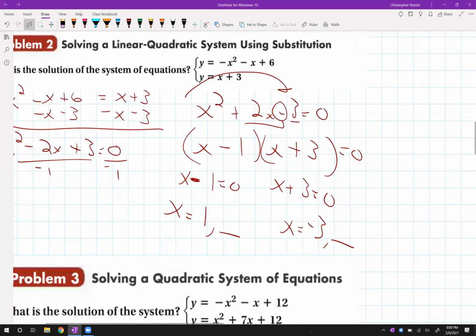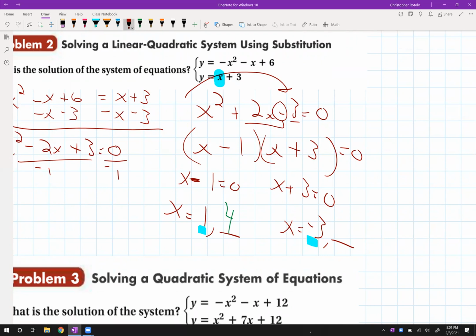Now notice I'm doing something extra here, and if those are the x values, I still have to find out what y value makes this happen. So if x is 1, I'm going to plug it in right here, and that means 1 plus 3 is 4. Let's do that again. If x is negative 3, we're going to plug it in right here again.